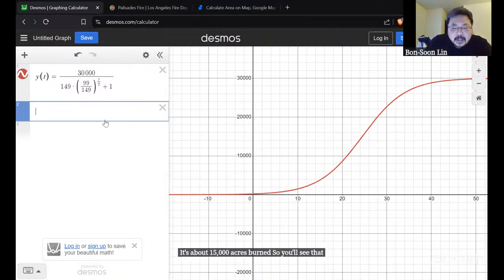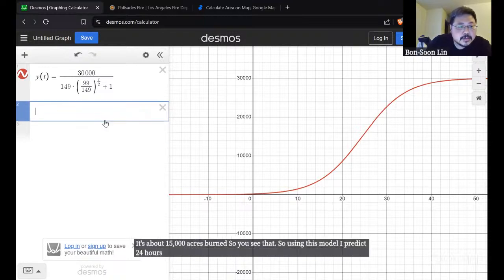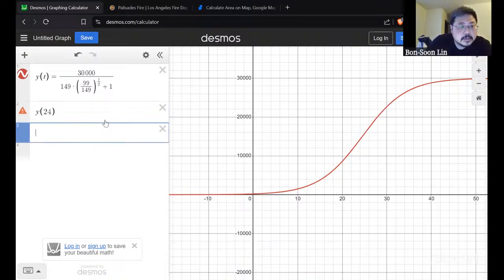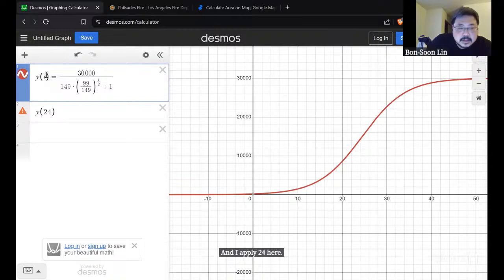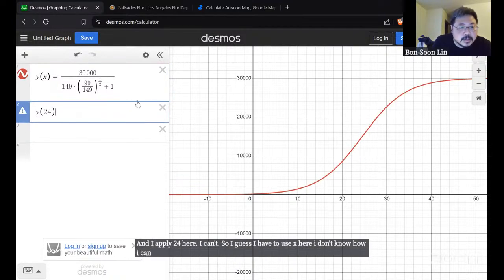So using this model, I predict 24 hours later, y of 24. Can I apply 24 here? I can't. So I guess I have to use x here. I don't know how I can do that. Why can I not calculate y of 24?